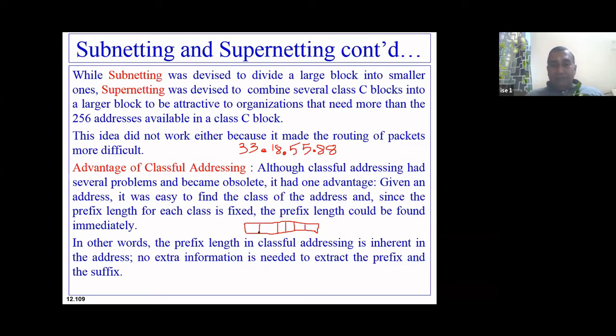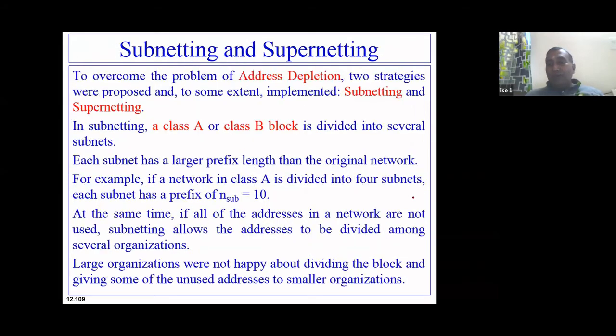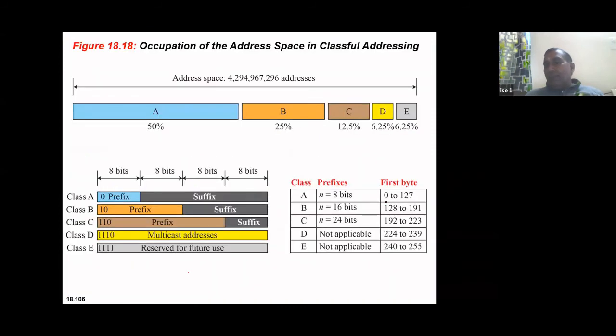So if you take 33, put it in bits form. Here it was very clear: 0 to 127. If the first byte is a number from 0 to 127, it will always be a class A address.